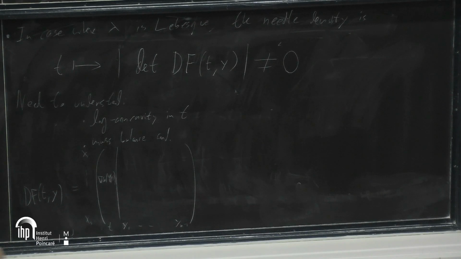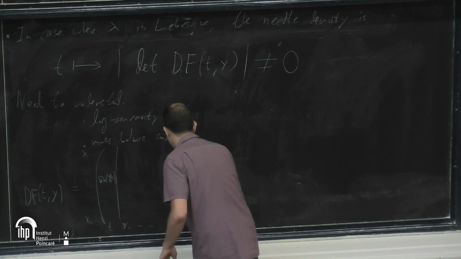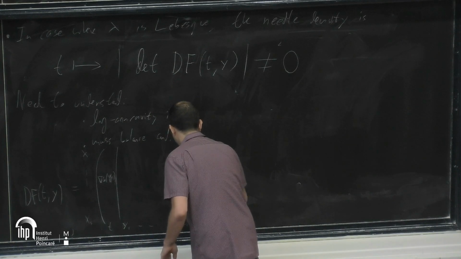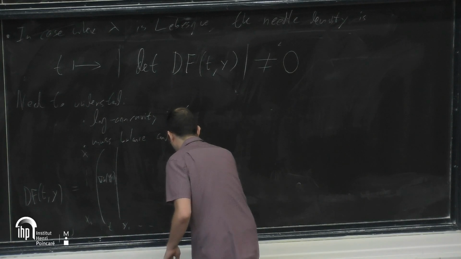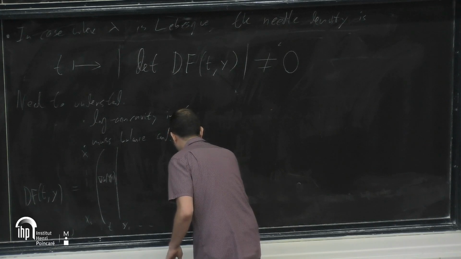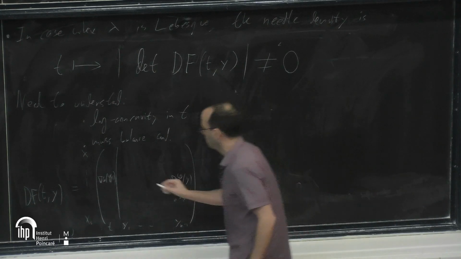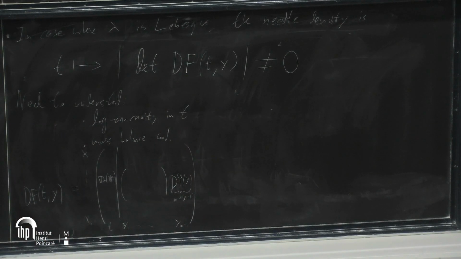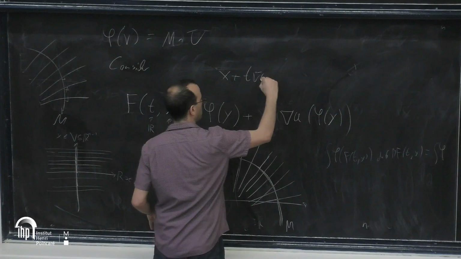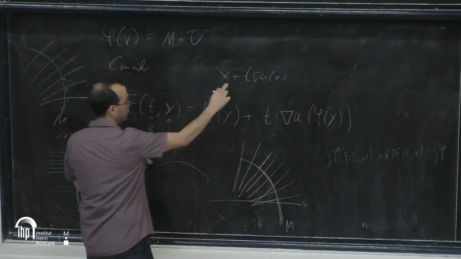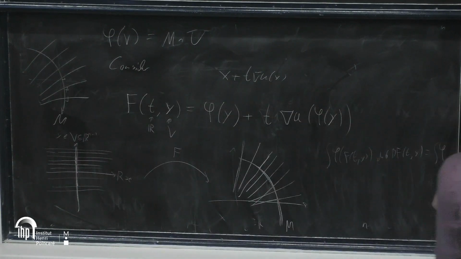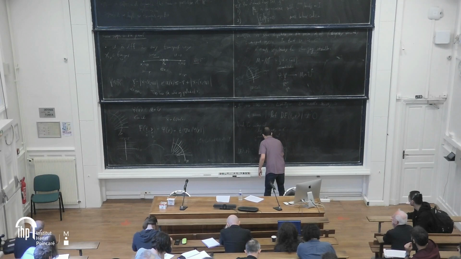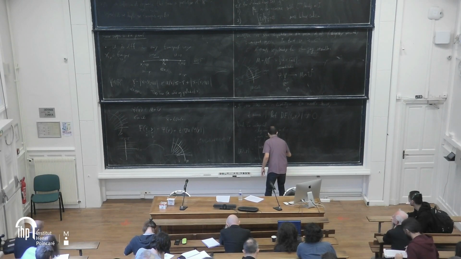So I'm going to have here the differential of phi, which is an n minus 1 by n matrix, times the differential of this map, which is identity plus t times the Hessian at phi of y.